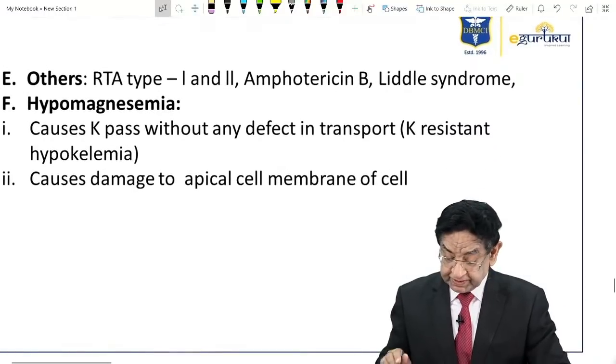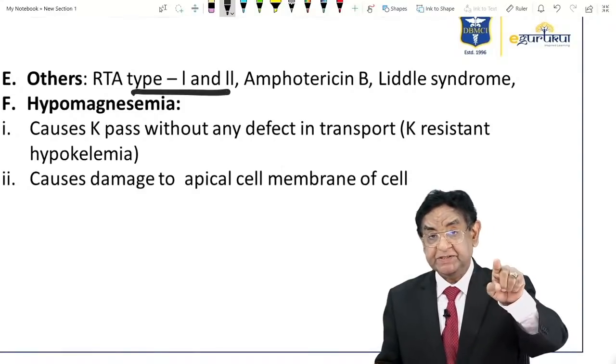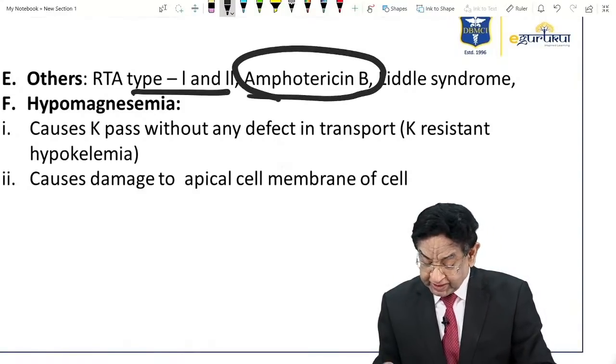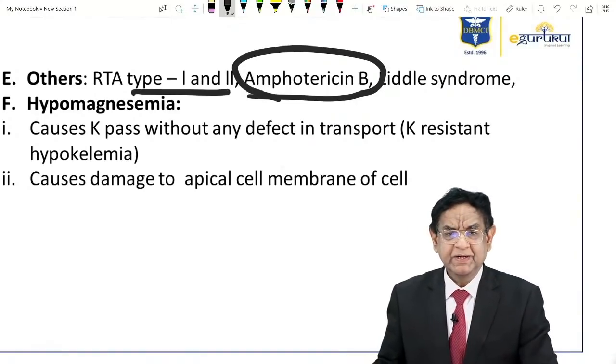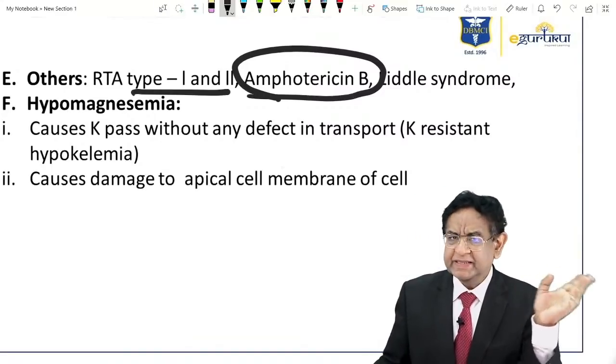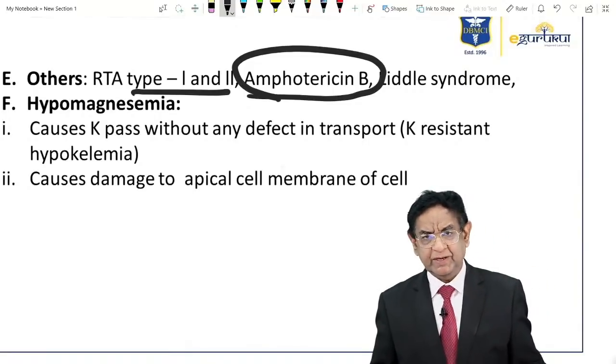Now comes RTA type 1, type 2, I just mentioned to you. Amphotericin B, don't forget this drug. 90% chance, when your question talks about hypokalemia drug, they will not ask you furosemide, thiazide. Everybody knows they lead to hypokalemia.